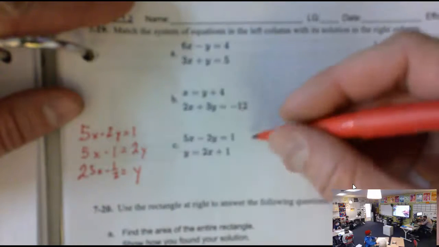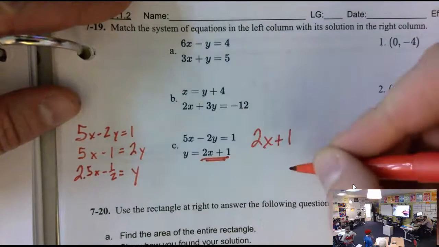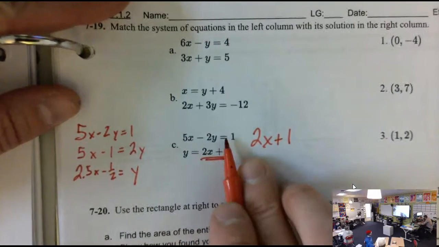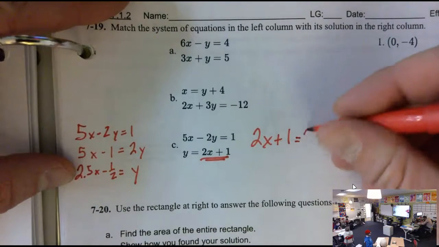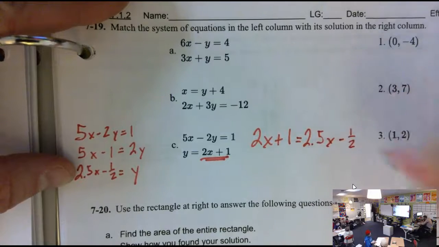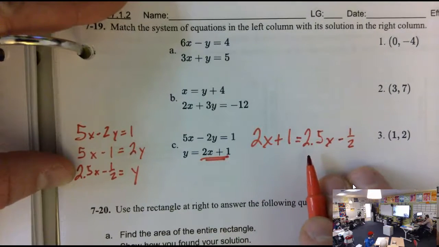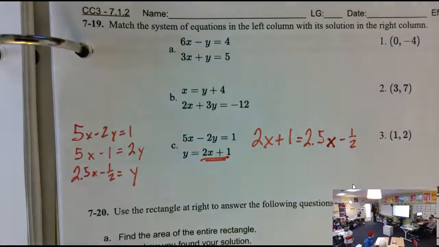And now we can say 2x plus 1, this bottom equation, that equals y. And also from the top equation, 2.5x minus 1/2 equals y. Now they're equal to each other, and x is the only variable I have.